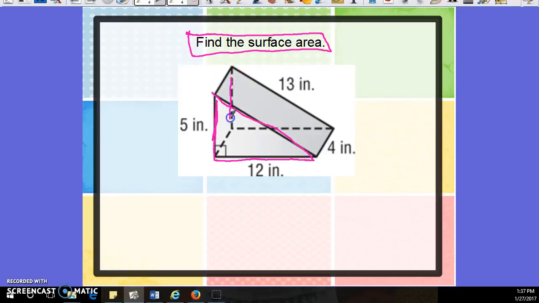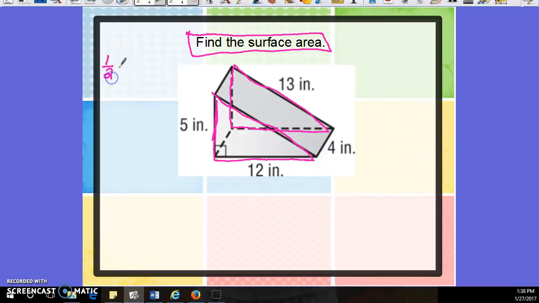So we're going to start with a triangle. Are the two triangles the same size? Yes, they are 5 by 12 by 13. What is our formula for finding the area of a triangle? Base times height divided by 2, or 1/2 base times height.